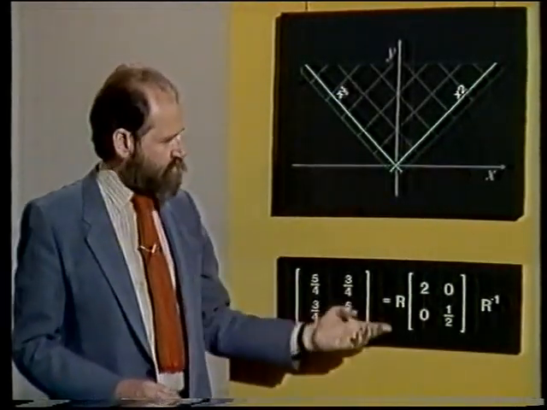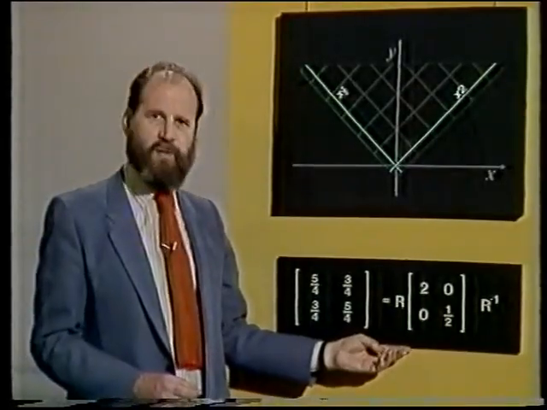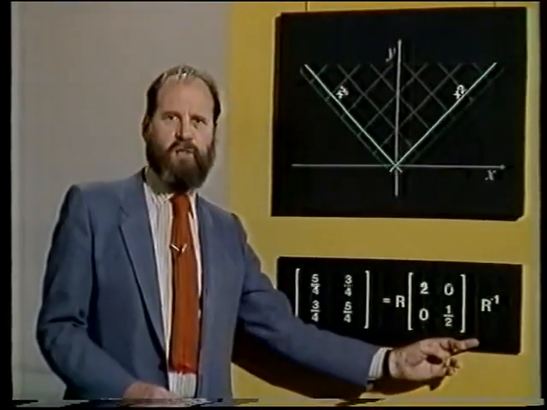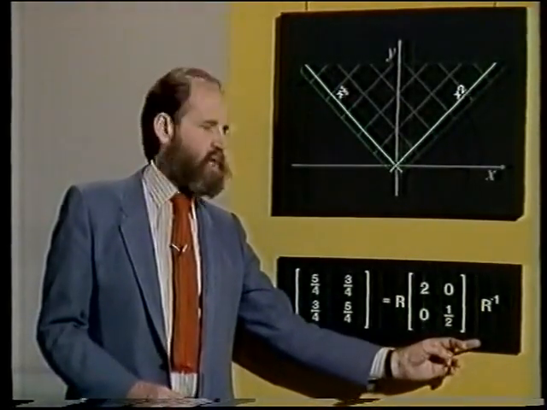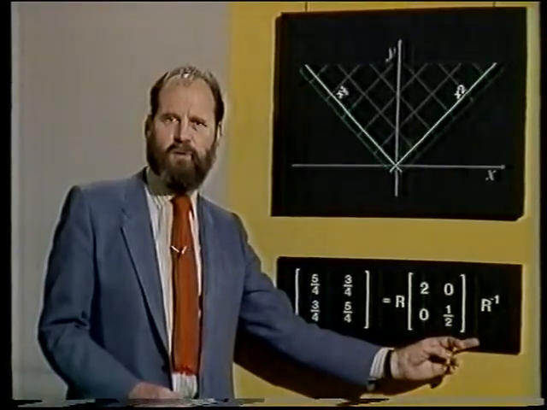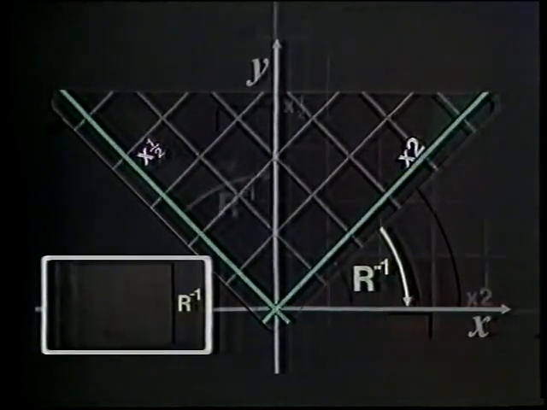Now let's see what this expression means geometrically. When you apply the product of matrices to a point, you apply the one on the right first of all. And this one is a rotation clockwise through pi over 4. It takes the eigenlines round to the axes.